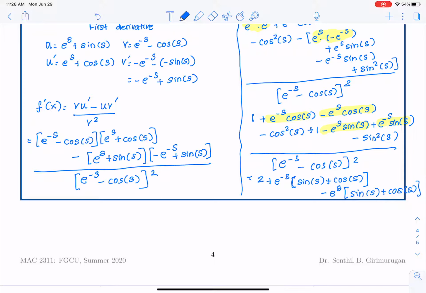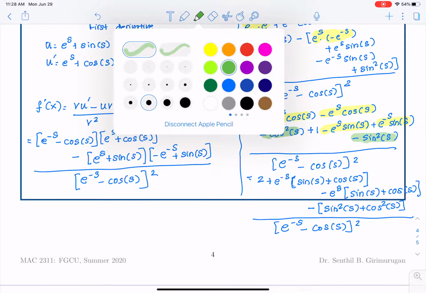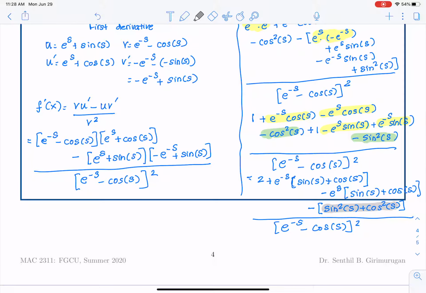And lastly, I have negative cosine squared s and negative sine squared s. If I pull that out, I have sine squared s plus cosine squared s. I'm going to pull the negative out and divide by e raised negative s minus cosine s squared. But we all know that that is 1.